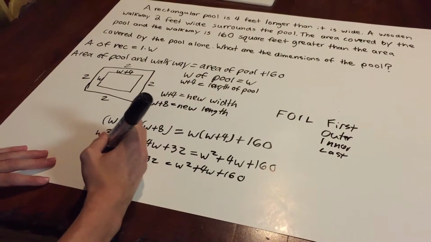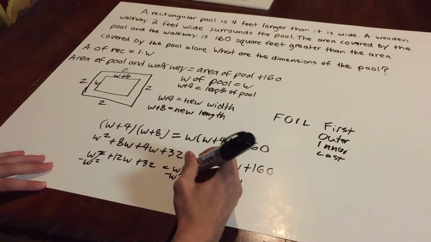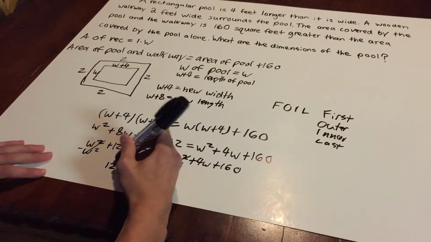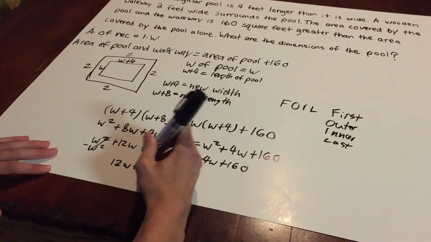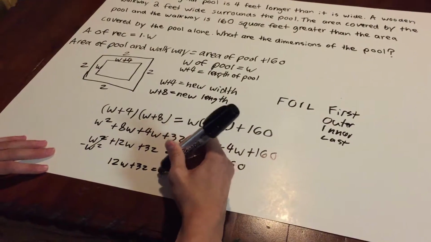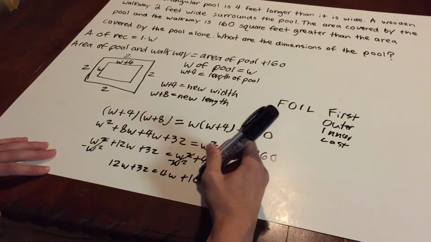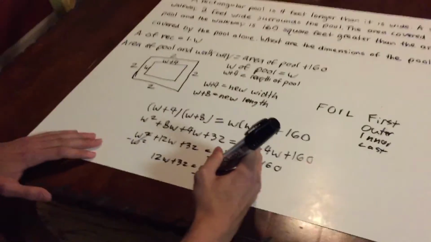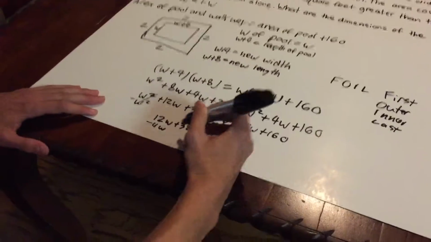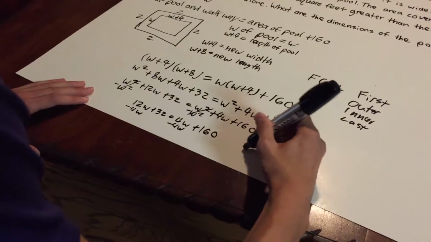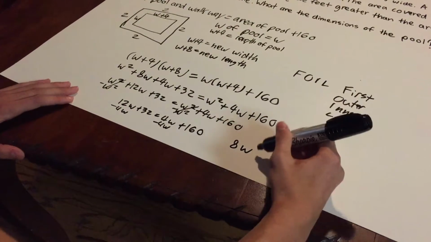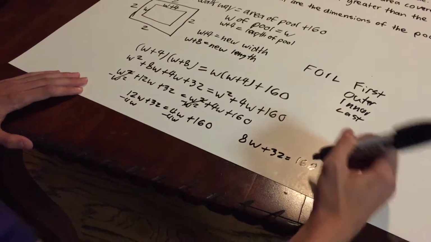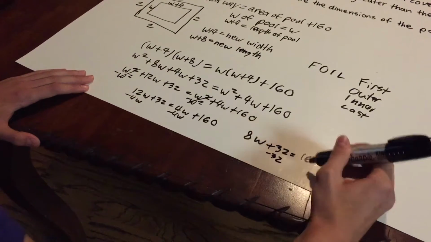Subtract W squared from both sides, and then we come out with 12W plus 32 equals 4W plus 160. Now we need to get all the W's on one side, so we subtract 4W and we get 8W plus 32 equals 160.